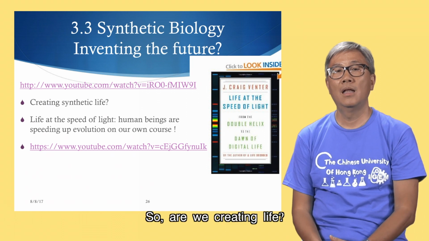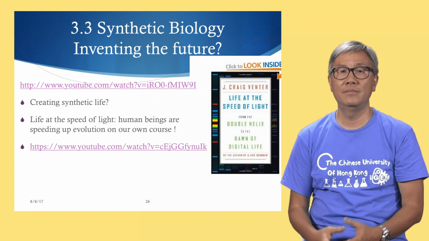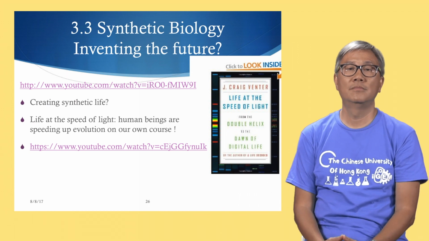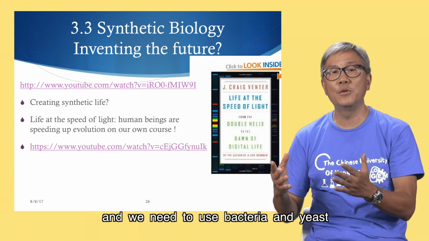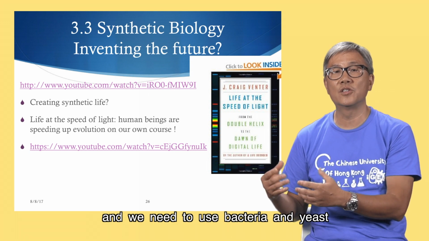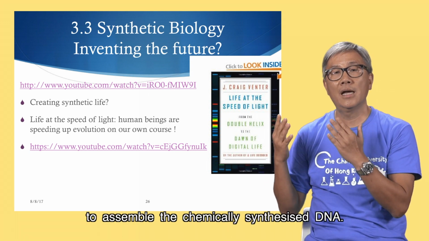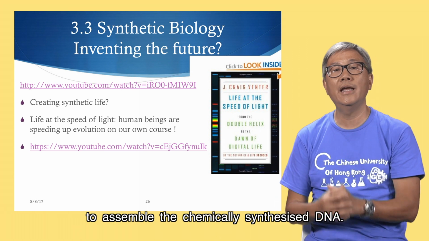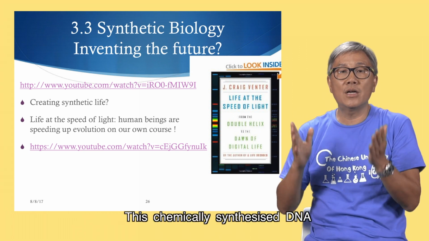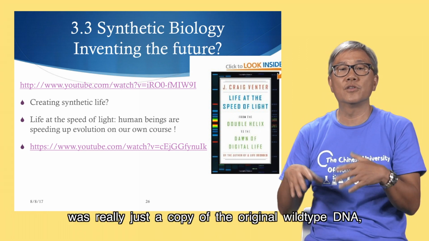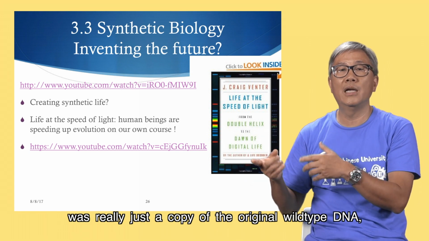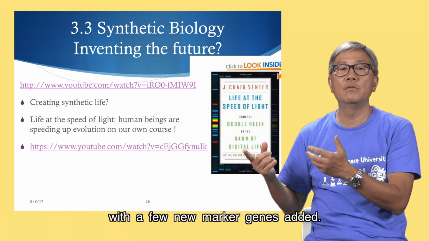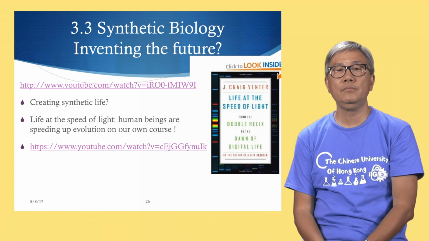So, are we creating life? Yes or no? The DNA was chemically synthesized, and we need to use bacteria and yeast to assemble the chemically synthesized DNA. This chemically synthesized DNA was really just a copy of the original wild-type DNA with a few new marker genes added.